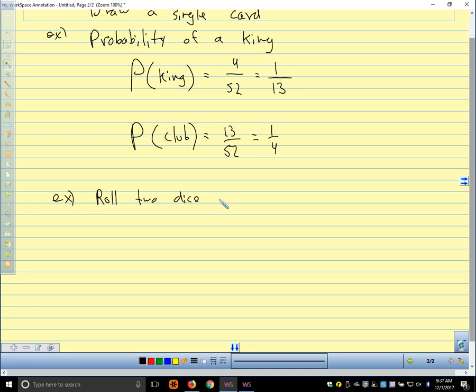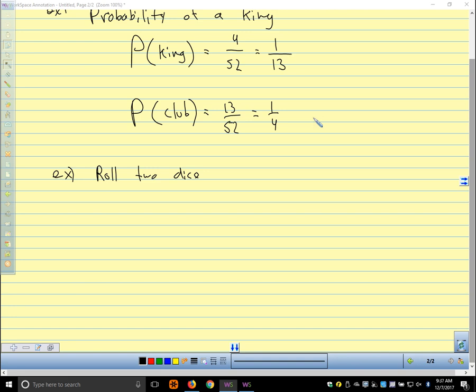You roll number cubes. Two standard dice, so these are your regular 6-sided dice. For you gamers, you D&D people, those would be D6s. My son plays D&D, so they talk about D6s and D20s, those kinds of things.